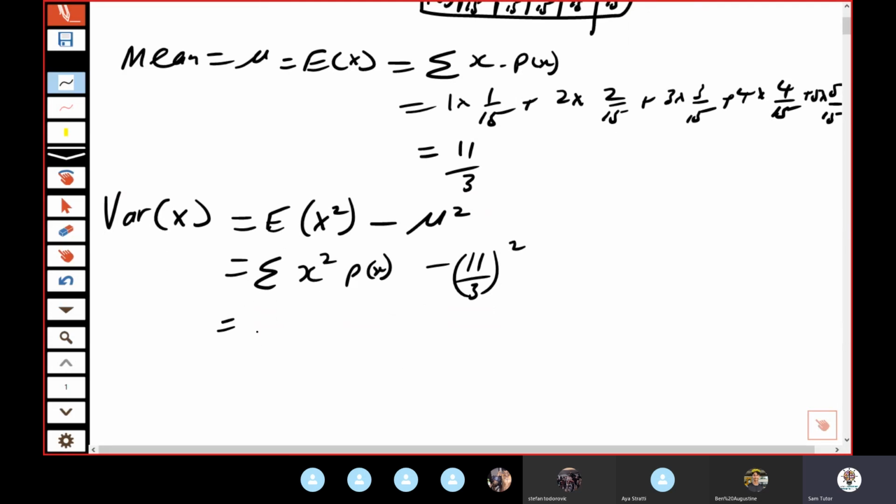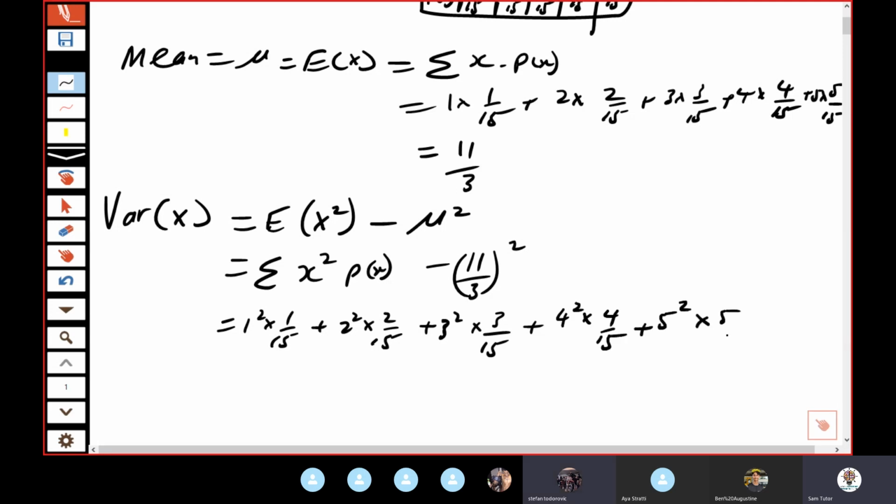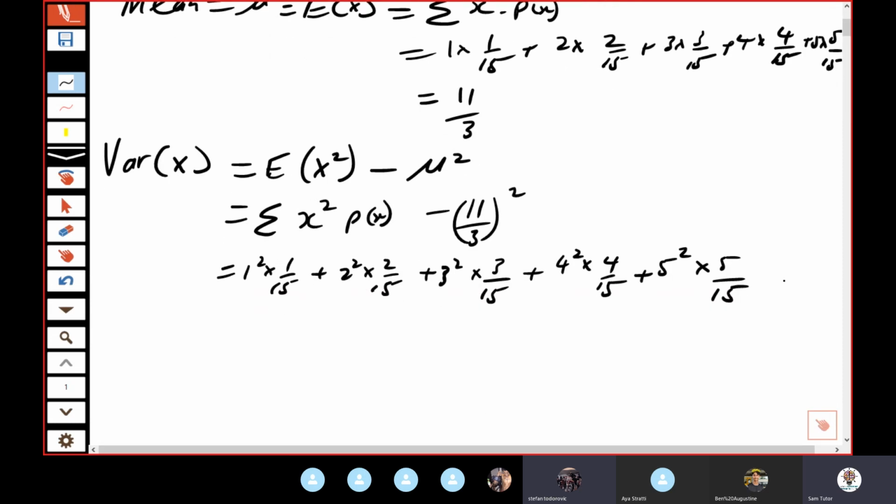So this guy looks like this. 1 squared times 1 on 15 plus 2 squared times 2 on 15. You get the idea, I hope. 3 squared times 3 on 15 plus 4 squared times 4 on 15 plus 5 squared times 5 on 15, take away 11 on 3 squared.